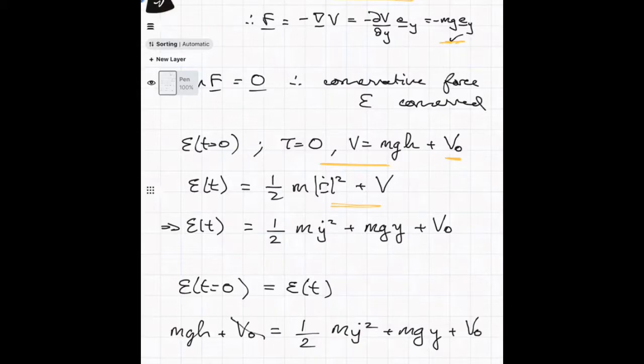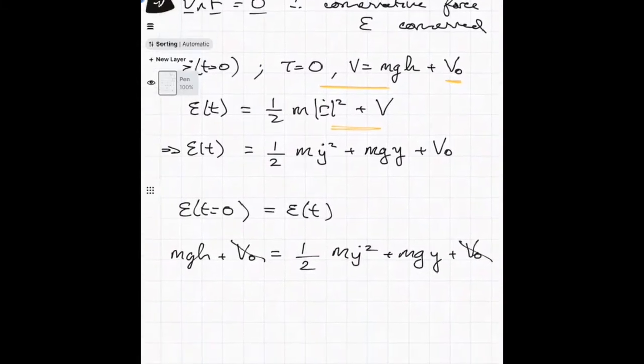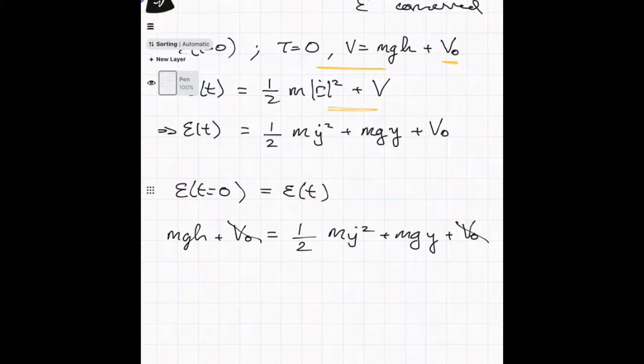And as promised, the V0s cancel on both sides, and we can also cancel a factor of m. So we're left with the equation that, bringing everything over to this side, 2g(h minus y) is equal to y dot squared. Now I'm going to write y dot as dy by dt, and that's all squared.